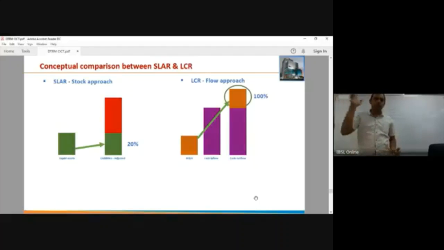Beyond that, you can't take. So by computing all your inflows, subject to whatever haircut is given by the regulation, you have a total inflow for the next 30 days of 700 million.